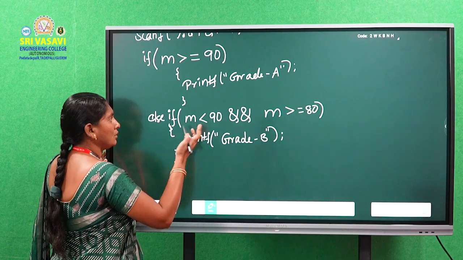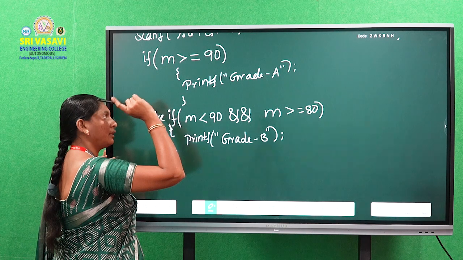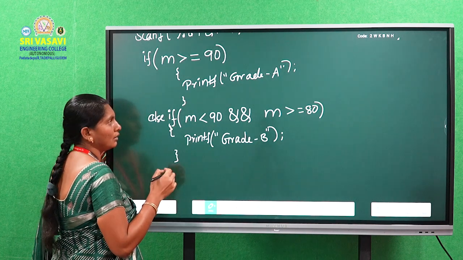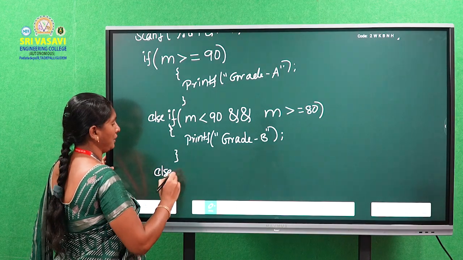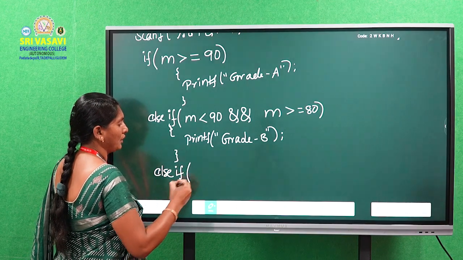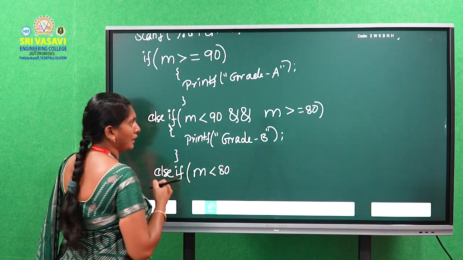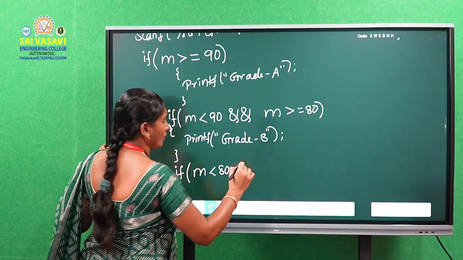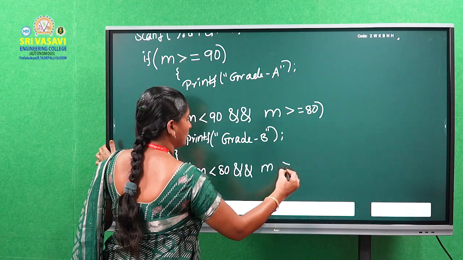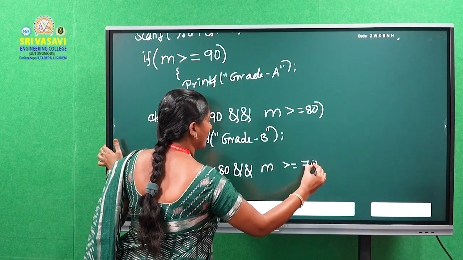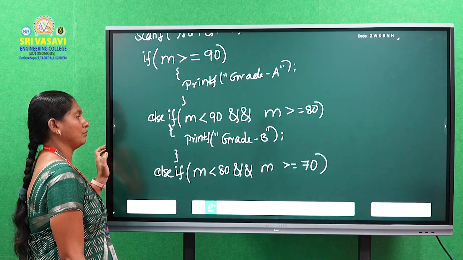Next, if this condition also fails, that means the marks are not greater than 80 and not greater than 90, so the marks may be less than 80. For that I am writing one more condition: else if marks are less than 80 and marks are greater than or equal to 70.